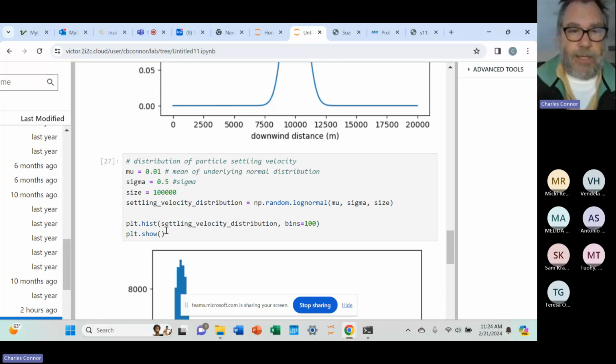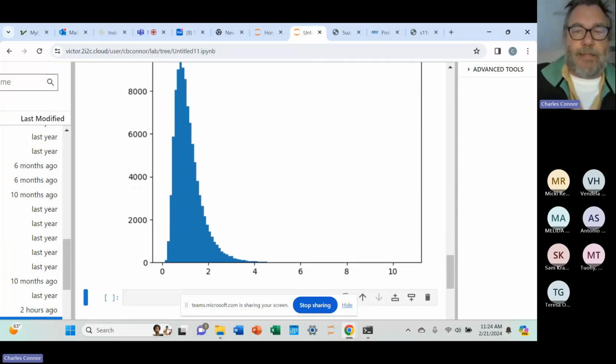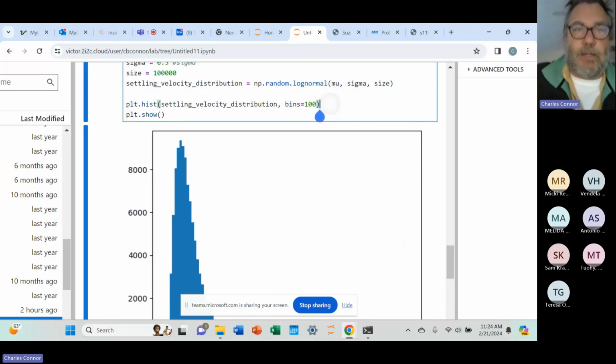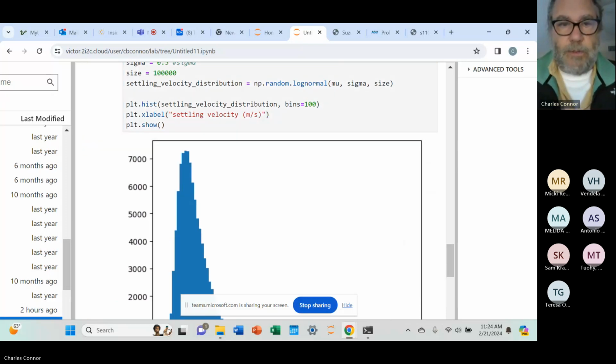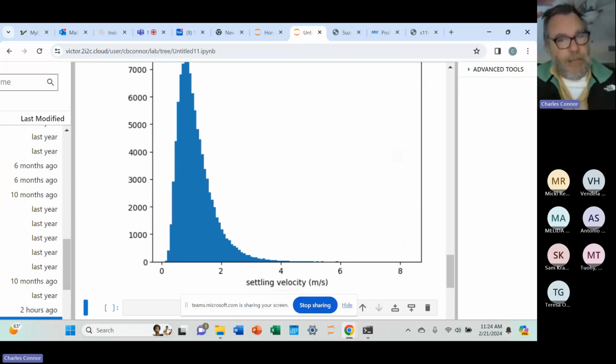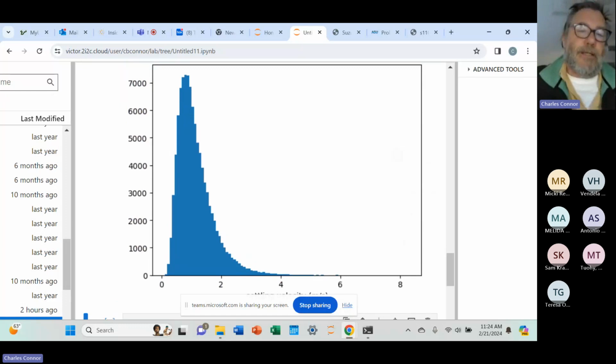And okay, so now I've got a distribution of settling velocities, right? I'm going to put a little X label on there. That's settling velocity in meters per second. Okay, so there's my distribution of settling velocity. So remember, before I had one value, and now I have a distribution from near 0.